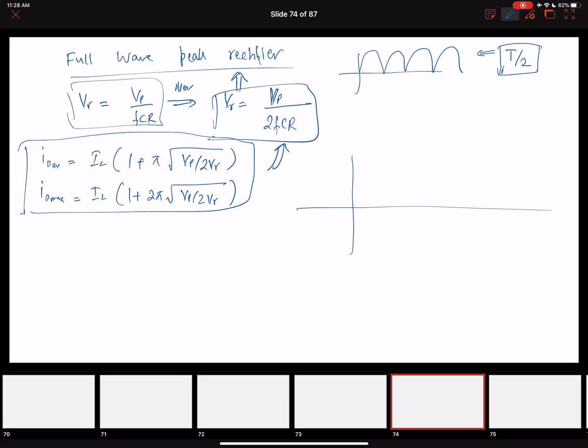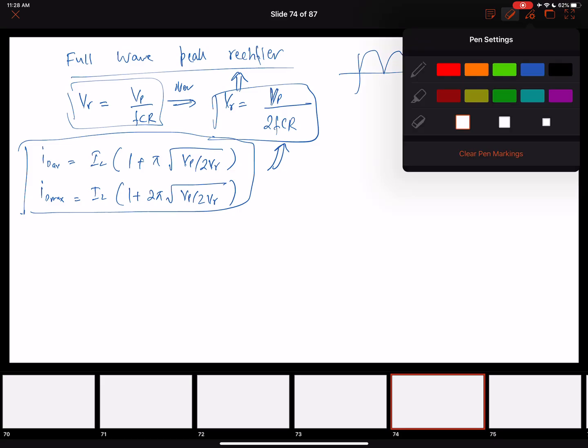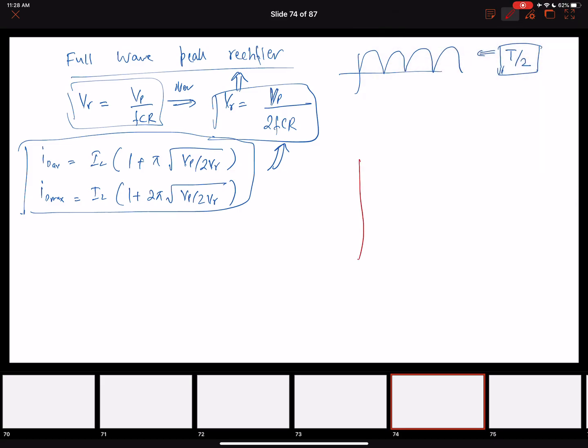Okay, in terms of the waveform, let's quickly look at it. If this is my input waveform, this is the full wave rectification, and now assuming that in the very first cycle the charging will happen.